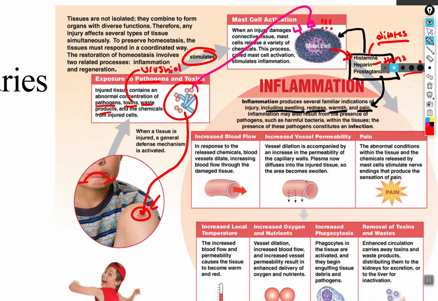And histamine also increases capillary permeability, meaning that stuff has an easier time passing into and out of blood vessels. So blood flow increase is good.